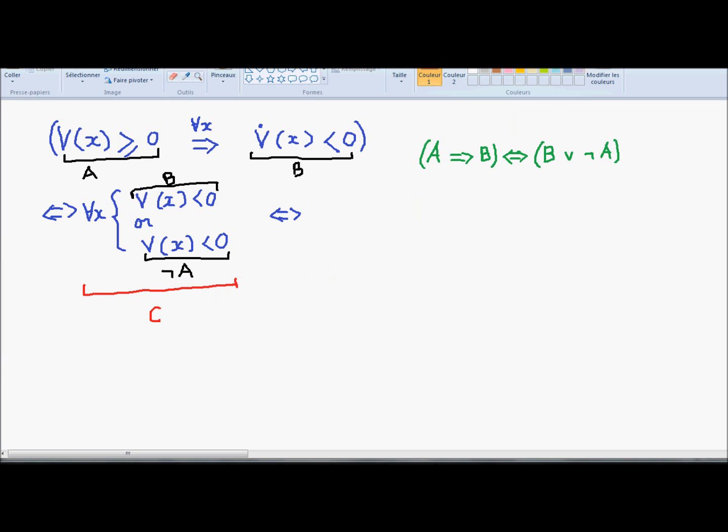So the negation of this proposition corresponds to there exists X such that, so I have to recall the De Morgan rule, which says that the negation of A or B is equal to the negation of A and the negation of B. So this is the De Morgan rule.